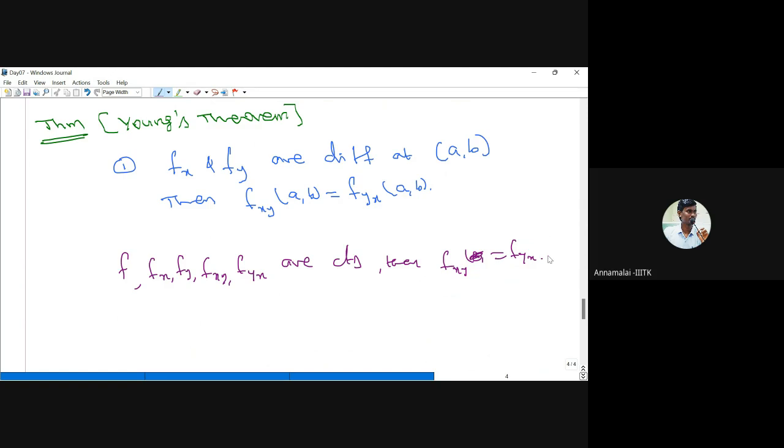Any doubt in this? Maybe we discuss some example. It was asked in the JAM exam, on partial derivatives of a function.